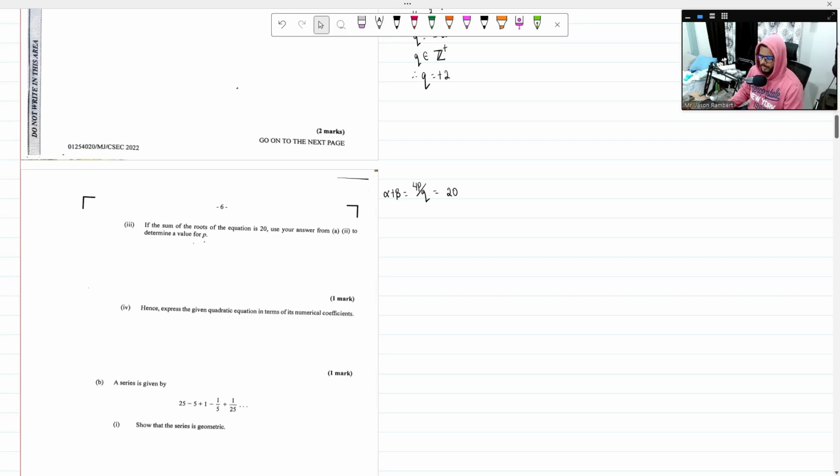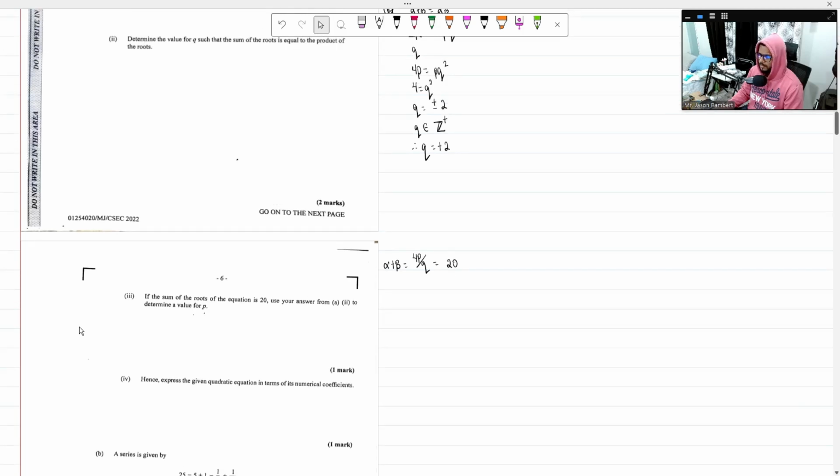Use your answer from part 2 to determine the value for p. So if q is plus 2, alpha plus beta is actually 4p over 2, which is equal to 2p. 2p is equal to 20. p is equal to 10.